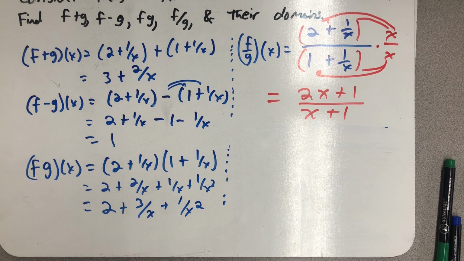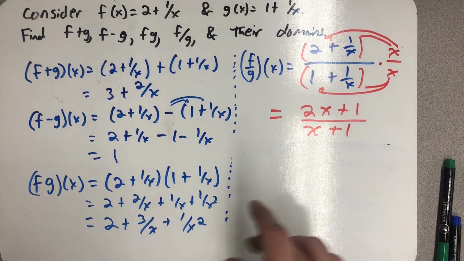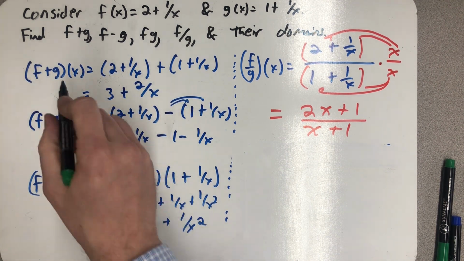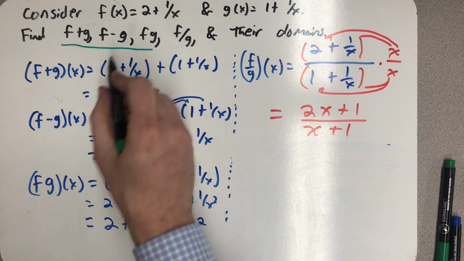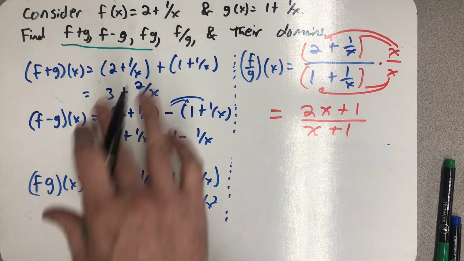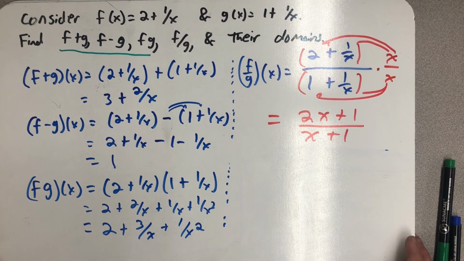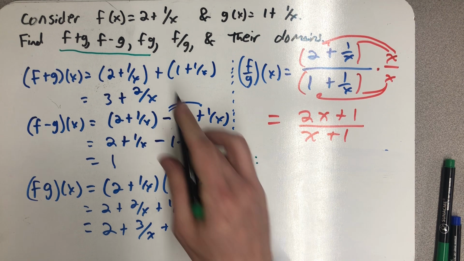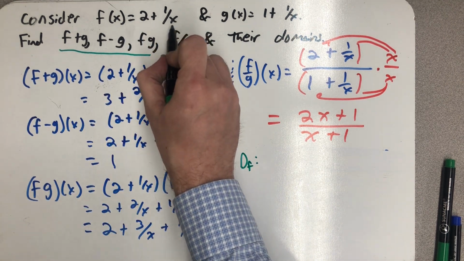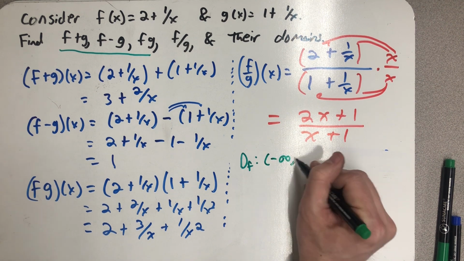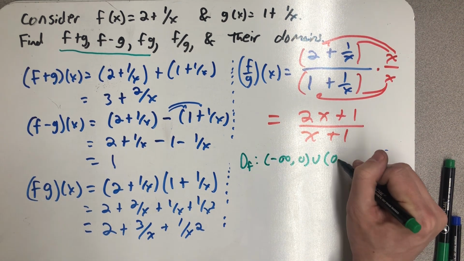And what I remember about finding domains of these functions put together through addition, subtraction, multiplication, and division is that these 3 have the same domain. And I find that domain by finding the intersection, the overlap of f's domain and g's domain. So if I look at my original functions, well, if I just look at the function f of x, the only x value I'm worried about is 0, because I'm not allowed to divide by 0.